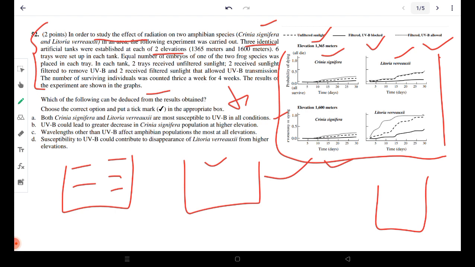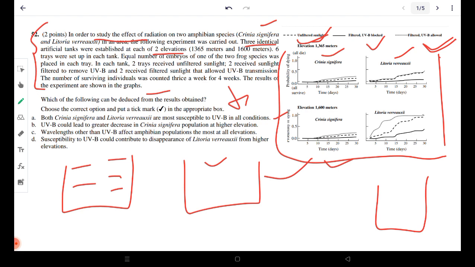Now from the options you would see both Cernia and Litoria are most susceptible to the UVB in all conditions. Now if you see, UVB is most in these two. Unfiltered sunlight also includes UVB, and filtered UVB allowed also includes the UVB light.